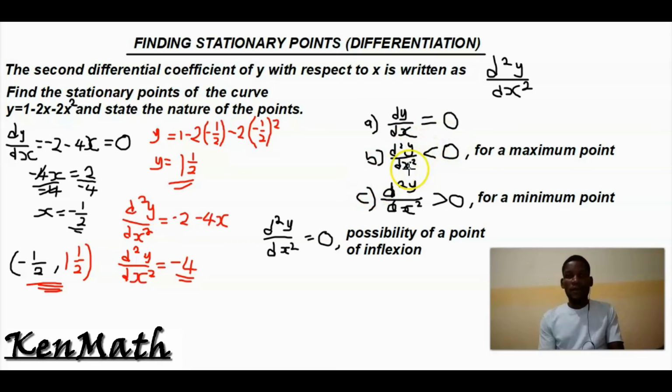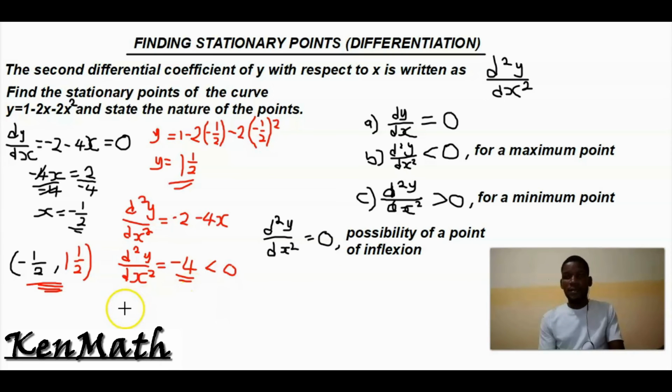So if the second differential coefficient is equal to negative 4, we are going to check here. If the second differential coefficient is less than 0, it means a maximum point. If it is greater than 0, a minimum point. So this one is less than 0, because the second differential coefficient is negative 4.